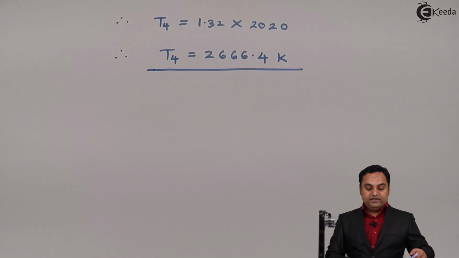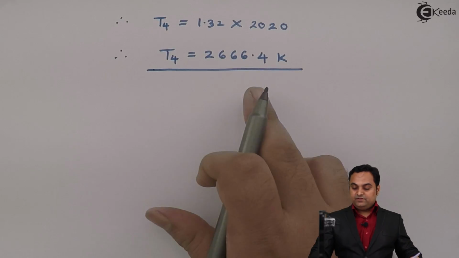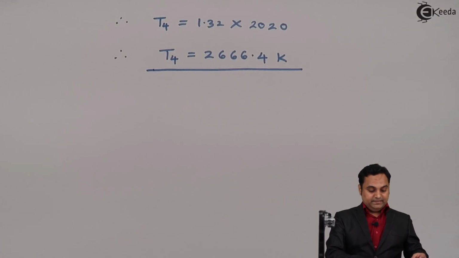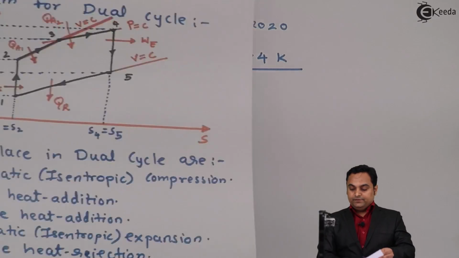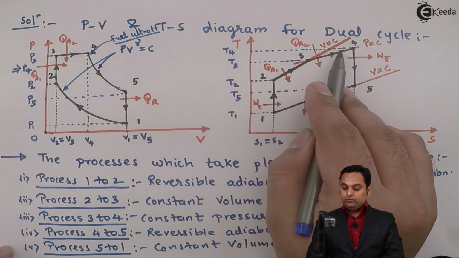So here we have calculated the temperature of point number 4, and this will be the maximum temperature in the cycle, and that can be seen on the TS diagram as well, that the temperature of point number 4 is maximum.